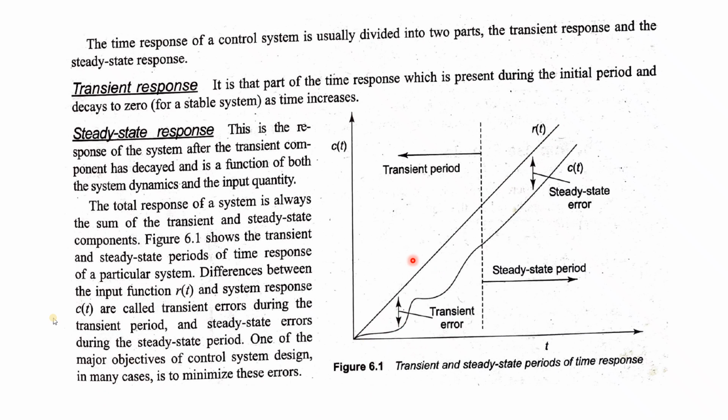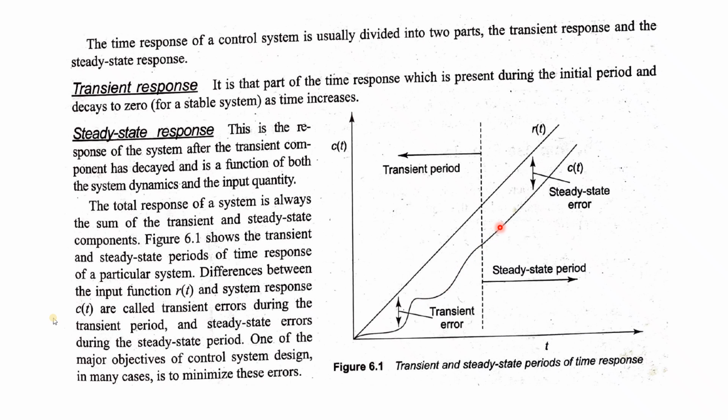Now whenever you are giving one input r(t), the output which you will get will be similar to it. Suppose you are expecting the same output, a straight line, but ultimately it is not a straight line, because it will be a straight line only after a certain instant of time.